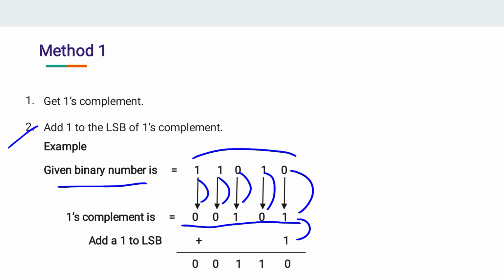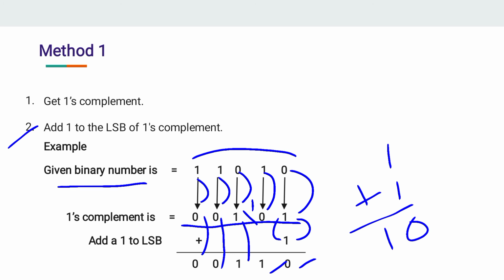If we add 1 and 1, we will get 0 and 1 carry. Okay, so 1 and 1 are added, we got 0, and here is 1 carry. Now 1 and 0 is 1, and the remaining bits we bring down as they are. So this is the answer for the binary number 11010 in twos complement. Clear? So this is method 1.